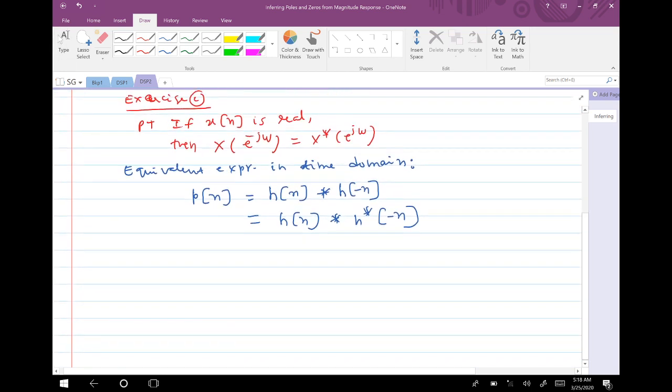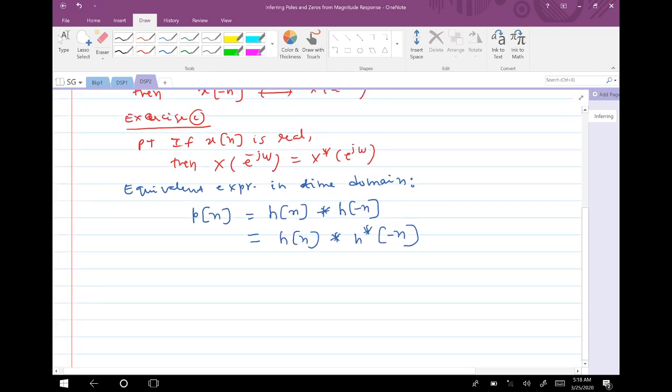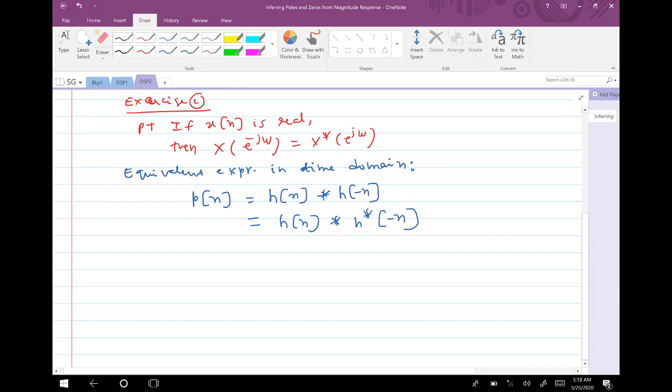Again we will be using one more result here, for which we already covered the background in our classes on z transform. So please work that out as well. I will just mention the result here, you please work it out yourself.